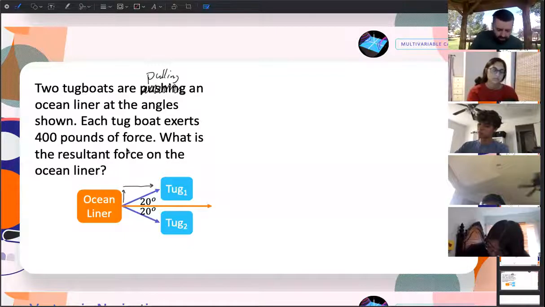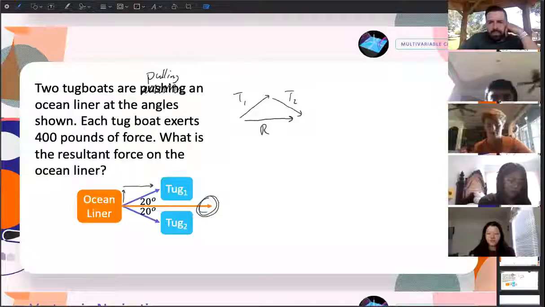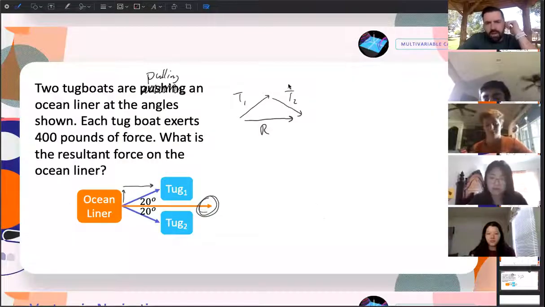So again, geometrically, we could line up the tugboats. And this would be the one we're looking for. If this is tugboat 1 and tugboat 2, this would be our resultant force. Okay, we're almost out of time anyway, but you could line them up head to tail.